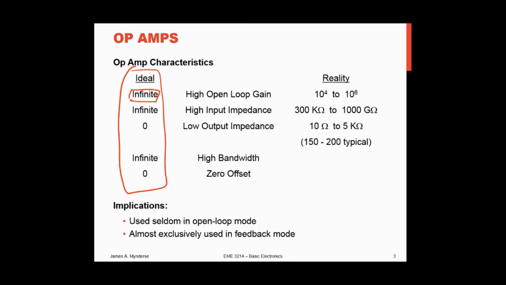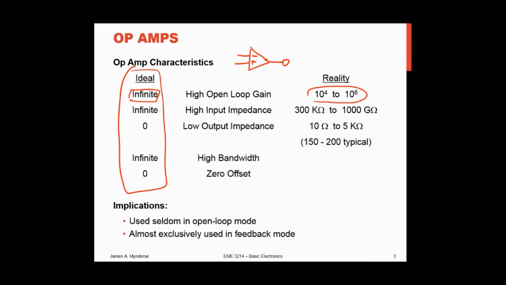So if there's any difference between the negative and positive, inverting and non-inverting inputs, you get an infinite voltage output there, either infinite negative or infinite positive, if we just operated it like that. The reality is that the gain is on the order of 10 to the 4th to 10 to the 6th. That's pretty high. That works pretty good.